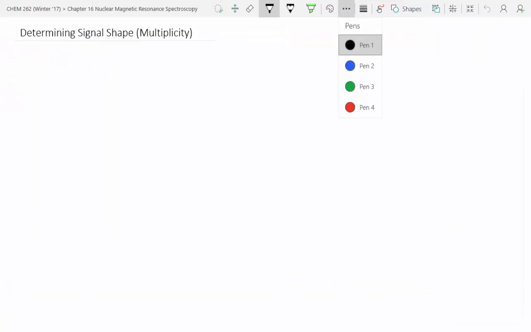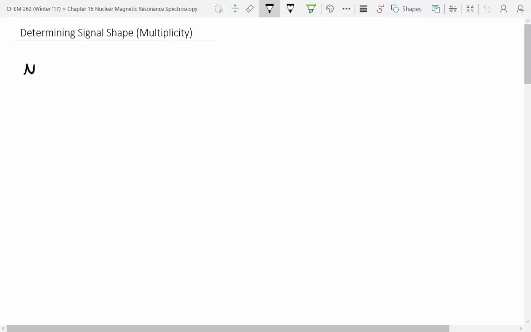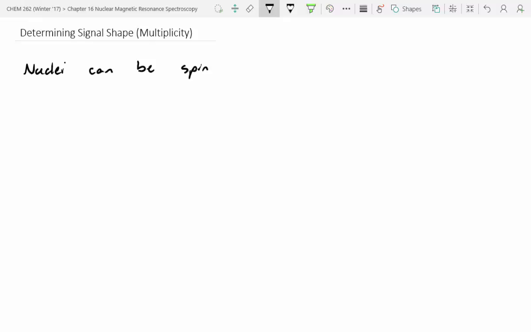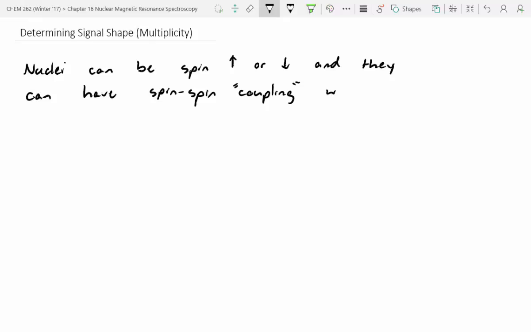This is a kind of abstract concept, and it's based on the fact that nuclei can be spin up or down, and they can have spin-spin coupling with neighboring nuclei.